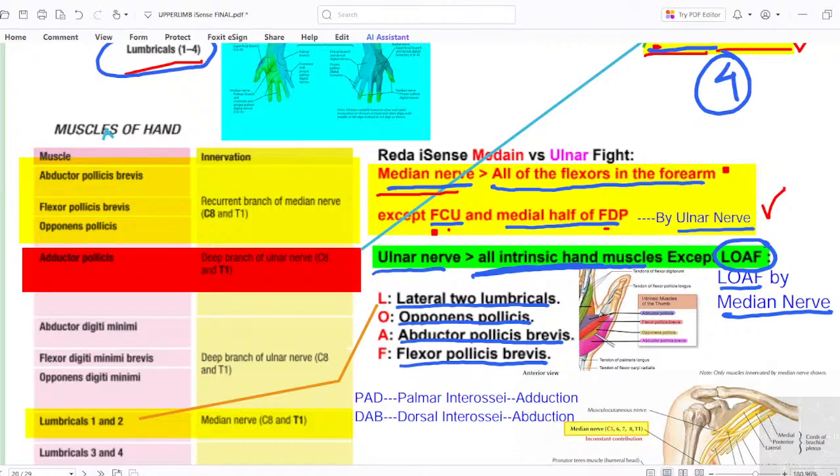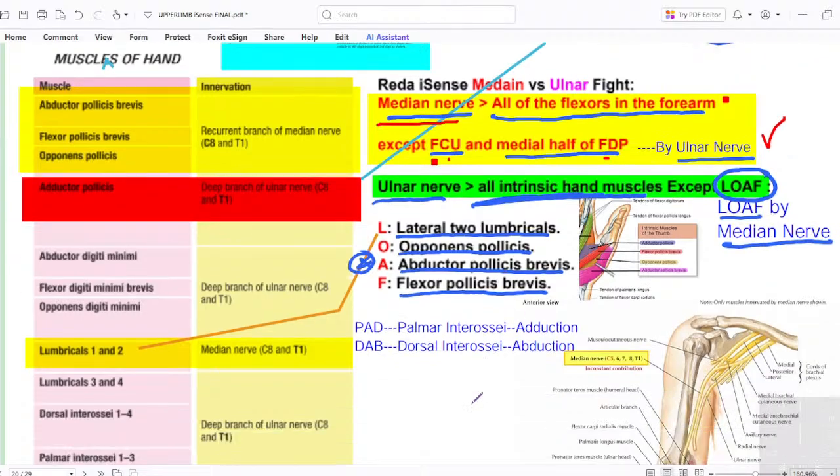How you will remember is your technique, but anyhow you have to remember. Especially this A is very confusing: is it adductor or abductor pollicis brevis? Read it again and again.